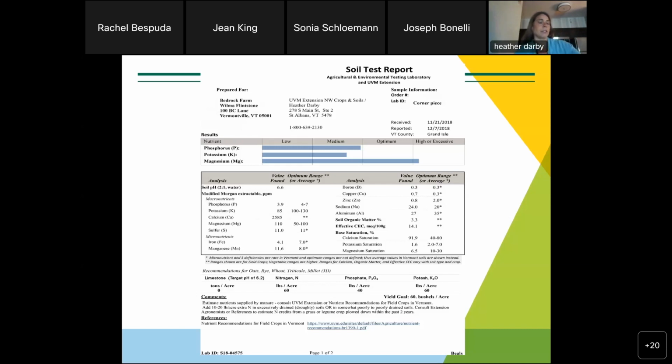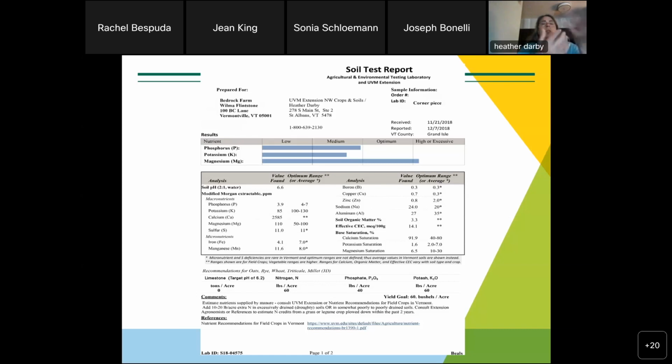And so it's kind of a joke within extension to tell the farmers, it's not a joke, it's real, but usually when a farmer asks you a question, the first thing you say is, do you have a soil test? And it really is true. It's very useful and gives you a lot of insight to what's happening in that field.